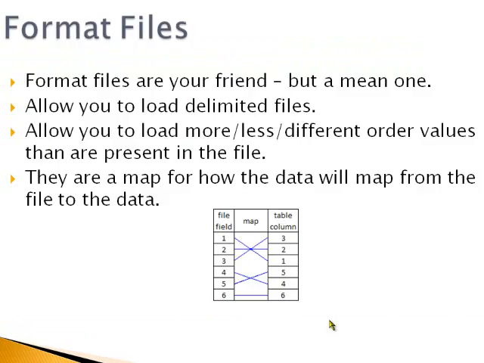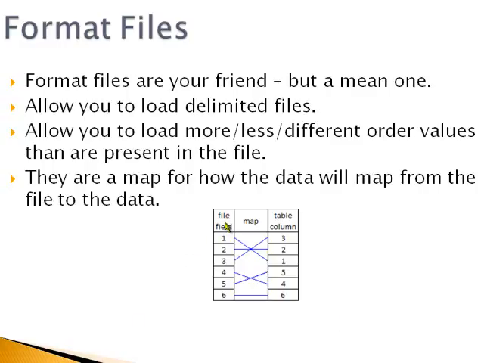What you can do with a format file, and this is why they're so powerful, is you can receive data from a source feed that doesn't match the layout of your table. Let's say the file has more fields than you want, or there's just some general mismatch.